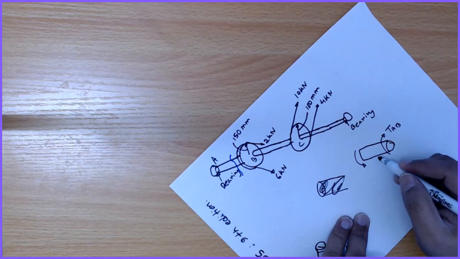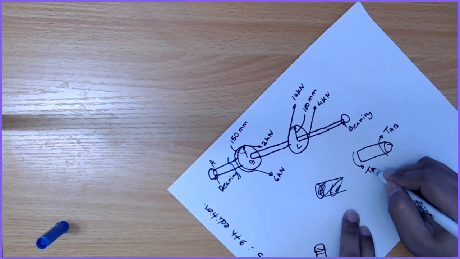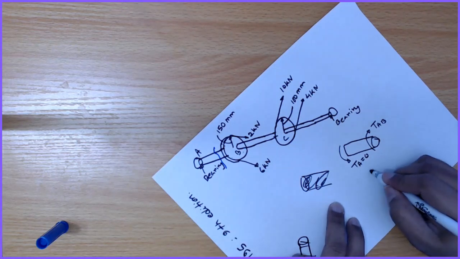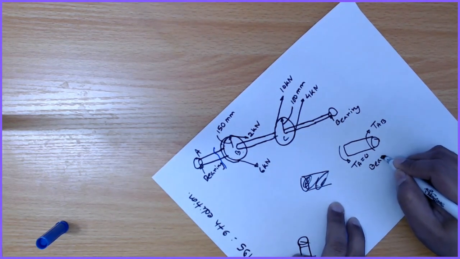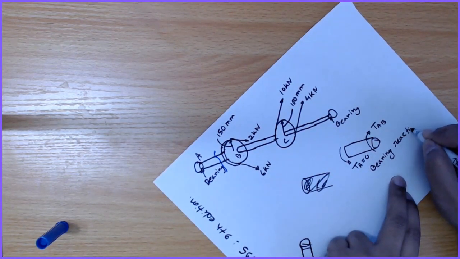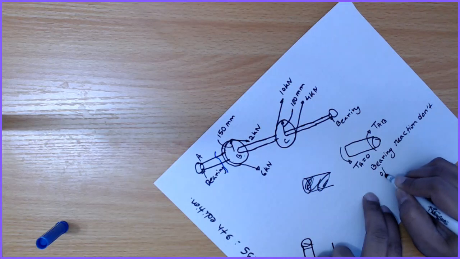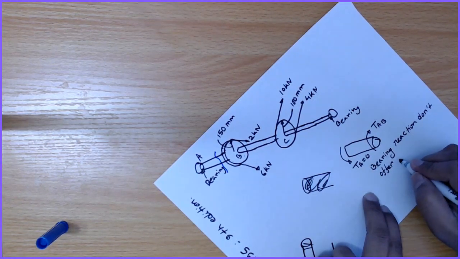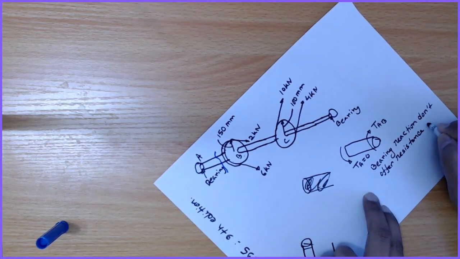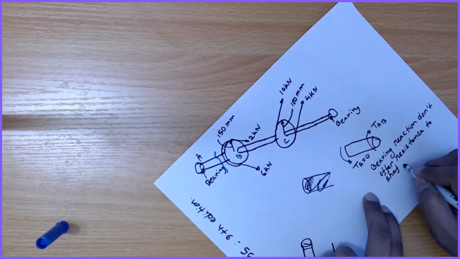Now since, as I said, the bearing doesn't have any resistive torque, TA is going to be 0. That means bearing reactions don't offer resistance to shaft rotation.